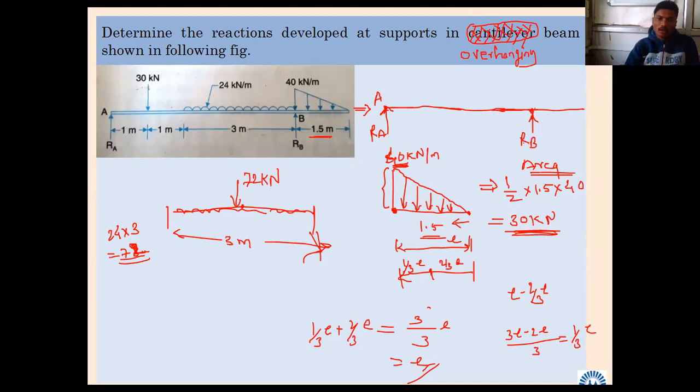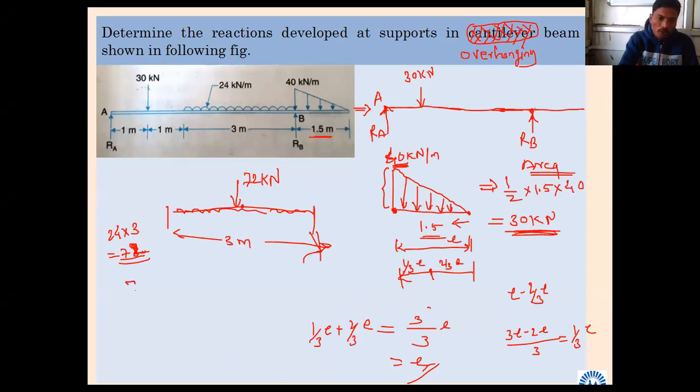RB. Now in the remaining loading, that 30 kilonewton is already applied, the force here, how much? 30 kilonewton. Then from RB, that UDL, how much intensity have we calculated? 72.